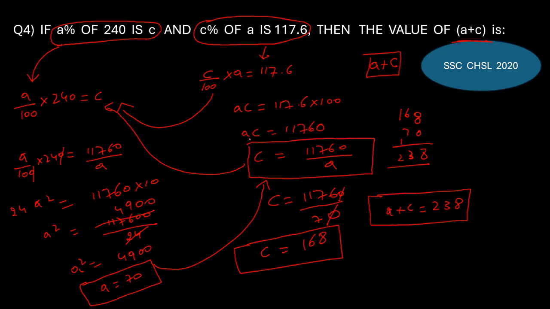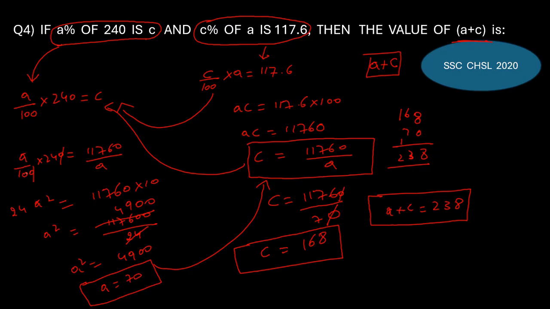Later, in order to find C, I transposed this A to the right-hand side, and I got C equals 11760 divided by A. Guys, this is A. Don't think it is 9. I substituted this value of C in the first equation.